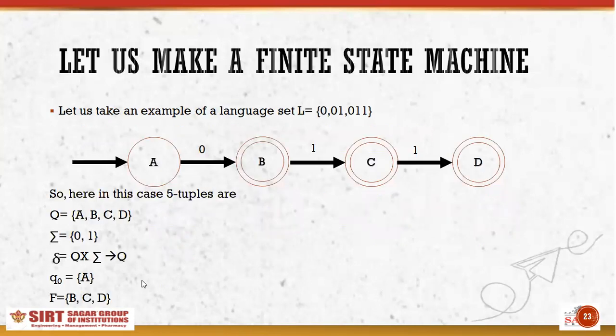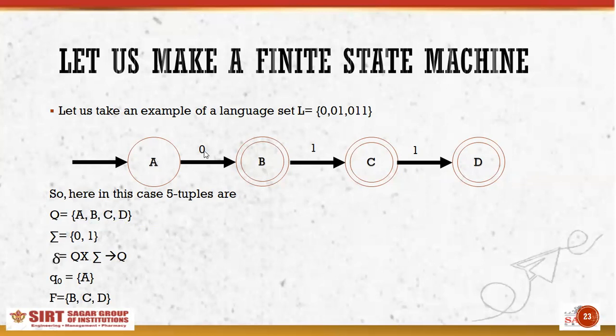Before moving on to another example, I will also discuss the tuples with the help of these machines, those tuples which we studied in the introduction of finite state machine. Talking about set Q, A, B, C, D, all these are states. So Q consists of 4 elements: A, B, C, and D. Sigma is the set of input alphabets.